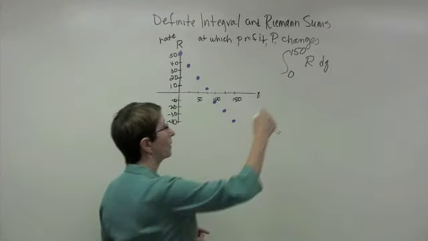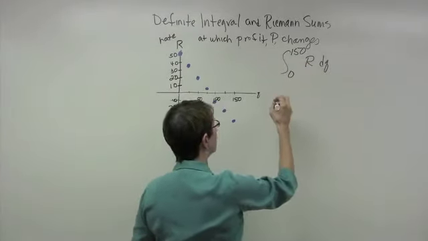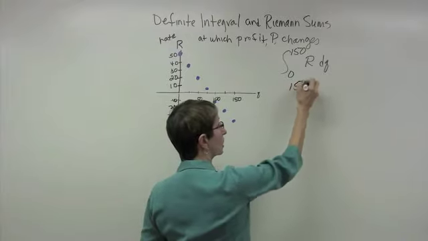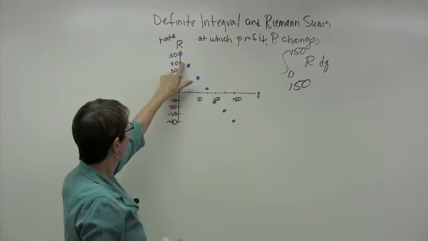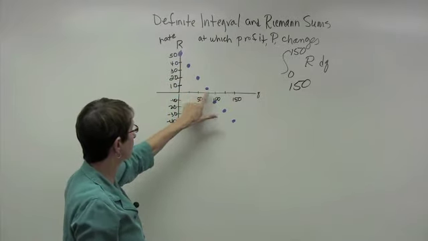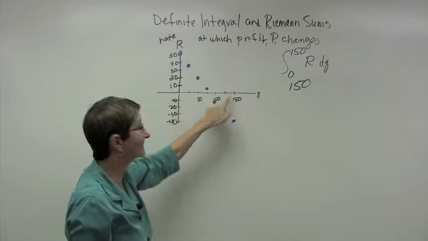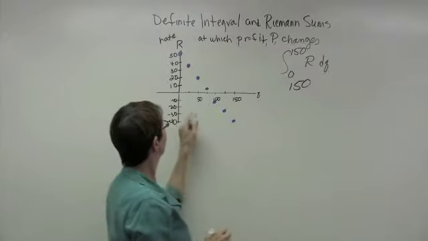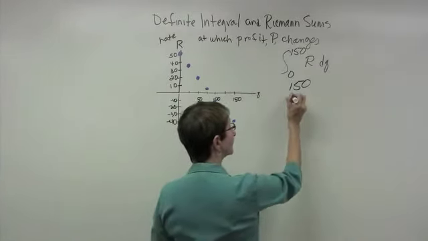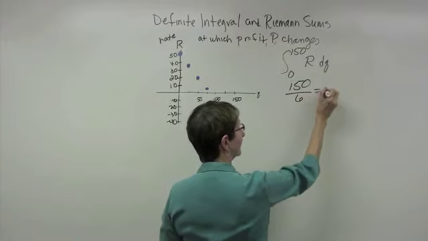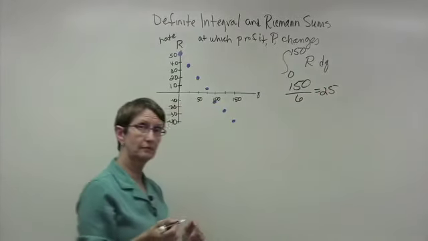So when I'm going from 0 to 150, that's 150 units total. And I have 1, 2, 3, 4, 5, 6 units of data, 25 units spaced each. So if I divide this by 6, I'll get my 25 units.